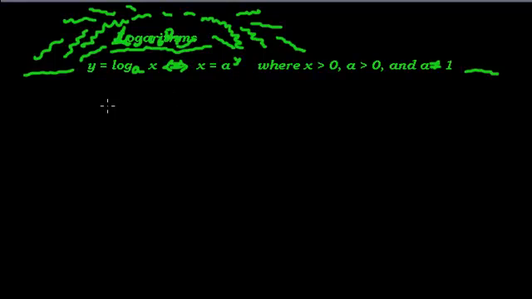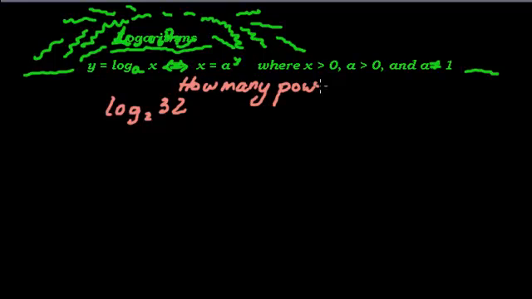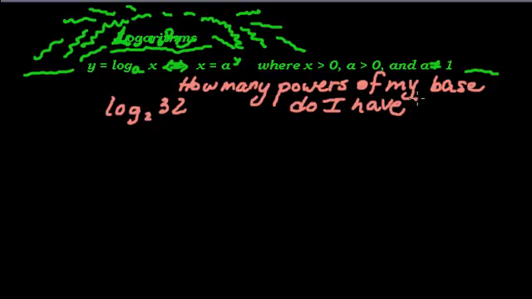So when looking at a log, like let's say I wanted to look at log base 2 of 32, you're basically asking the question, from this definition of an exponent here, how many powers of my base do I have? So how many powers of 2 is 32? So 2 to what power is 32? And this would be 5.